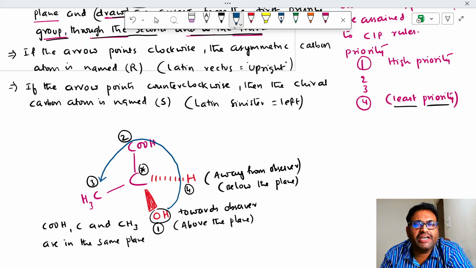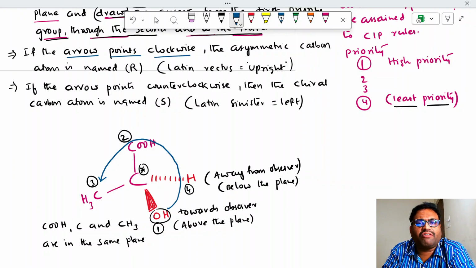How the second priority is assigned and how the third priority is assigned, we will understand. Actually, it was already discussed in geometrical isomerism. Again, we will discuss it while solving the problems. Okay. So here the meaning is, if the arrow points clockwise, is this clockwise or anti-clockwise? Actually, it is anti-clockwise.